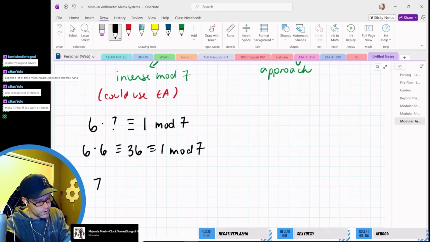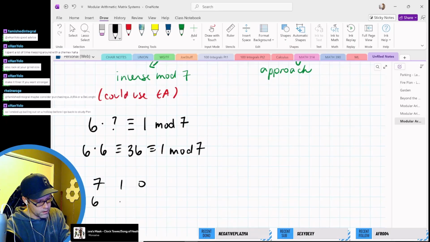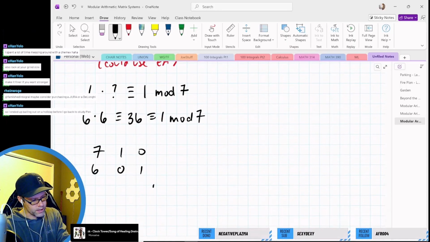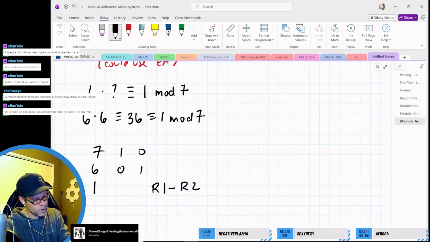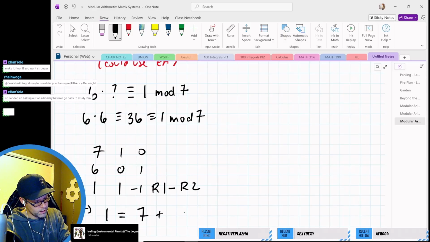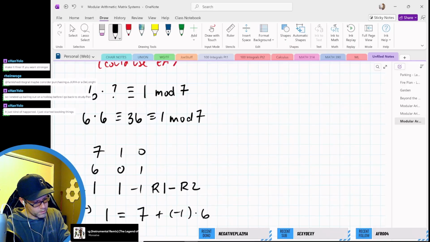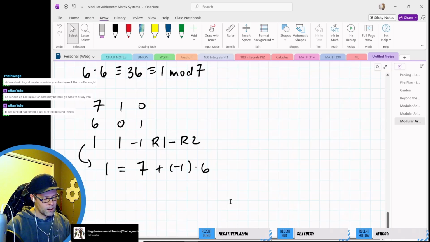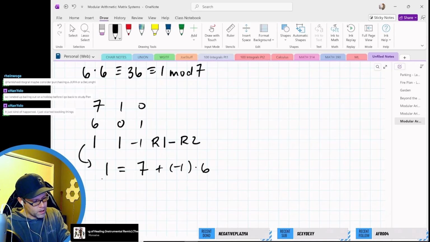So if I did do 7, 6, 1, 0, 0, and 1, the Euclidean algorithm would say, well, let's take row 1 and subtract row 2. That will give me 1, 1, and negative 1. And so I get that 1 is equivalent to 7 plus negative 1 times 6. And then we take mod 7 both sides, right?